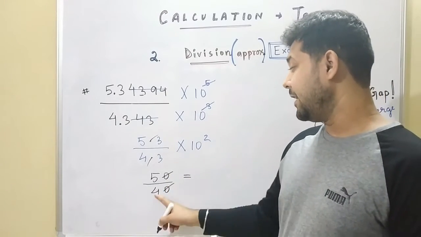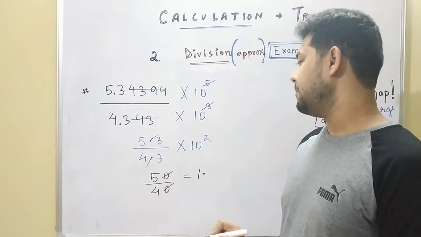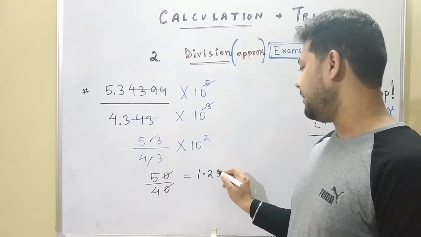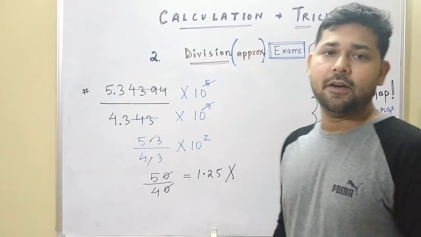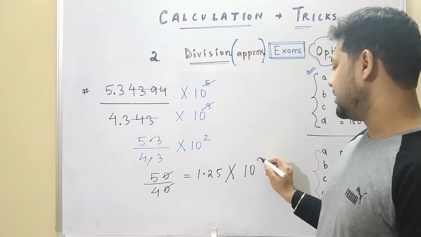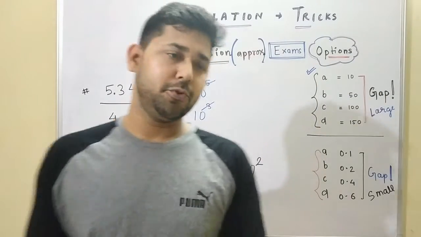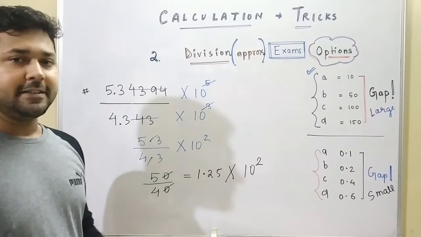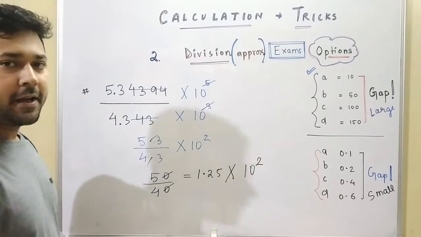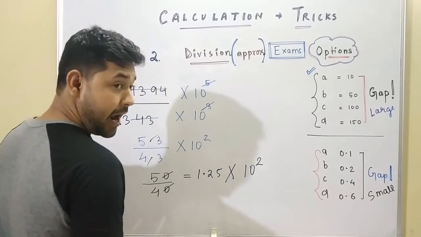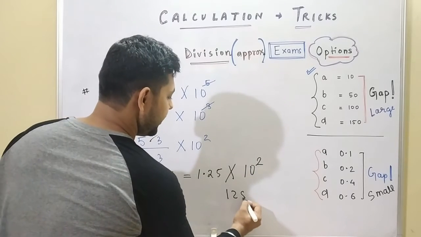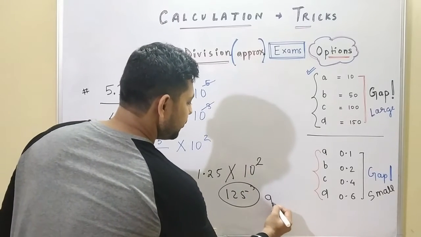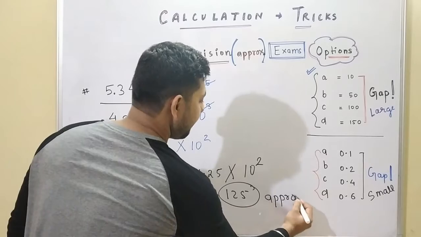You can simply divide, 1.25, and multiply by this number, that is 10 raised to 2. Here it is. And simply if I multiply by this 100, the answer would be 125. And mind you, this is nothing but an approximate answer.